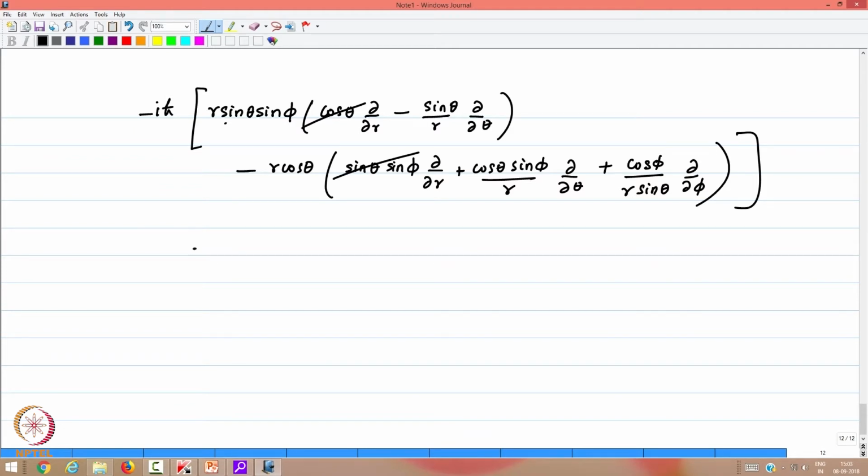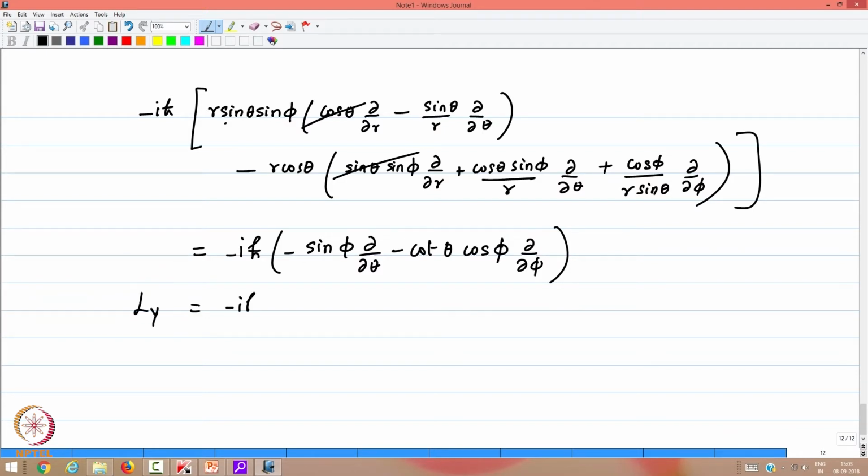So the final result is minus i h bar, sin phi dou by dou theta plus cot theta cos phi dou by dou phi. Just do this algebra. In a similar way, you can get Ly to be minus i h bar cos phi dou by dou theta minus cot theta sin phi dou by dou phi.